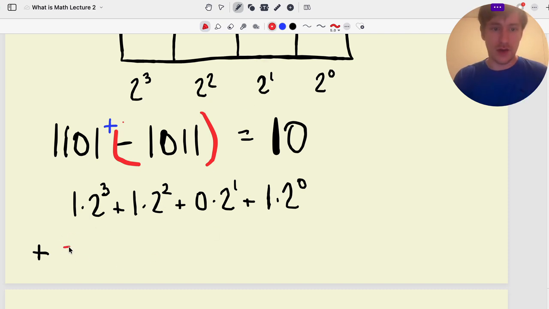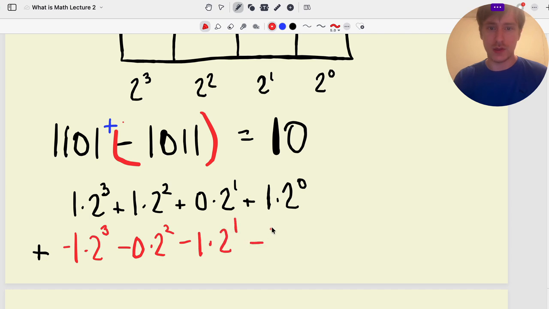So I have minus 1 copies of 2 cubed, and then minus 0 of 2 squared, and then minus 1 of 2 to the first, and minus 1 of 2 to the 0.